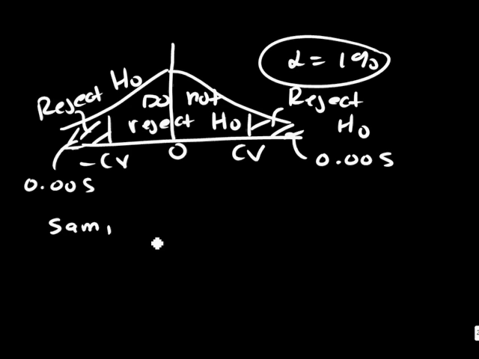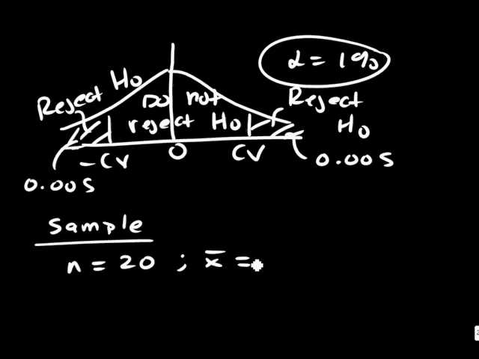Sample information, we got 20 data values that were collected. 20 data values gave us a sample mean of 41 with a sample standard deviation of 3.7. What this means, ladies and gentlemen, is since we have a small sample, we will be using our t-table.